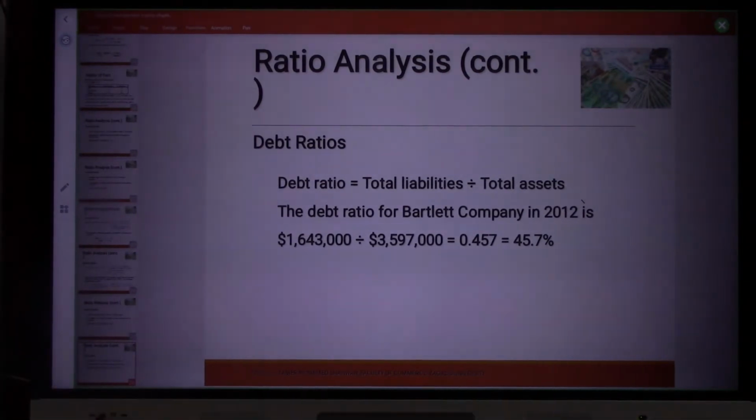So the remaining part of our total assets will be financed through equity. The debt ratio is a reflection of how we finance our total assets through debt. So it's a reflection of the debt situation in my firm.